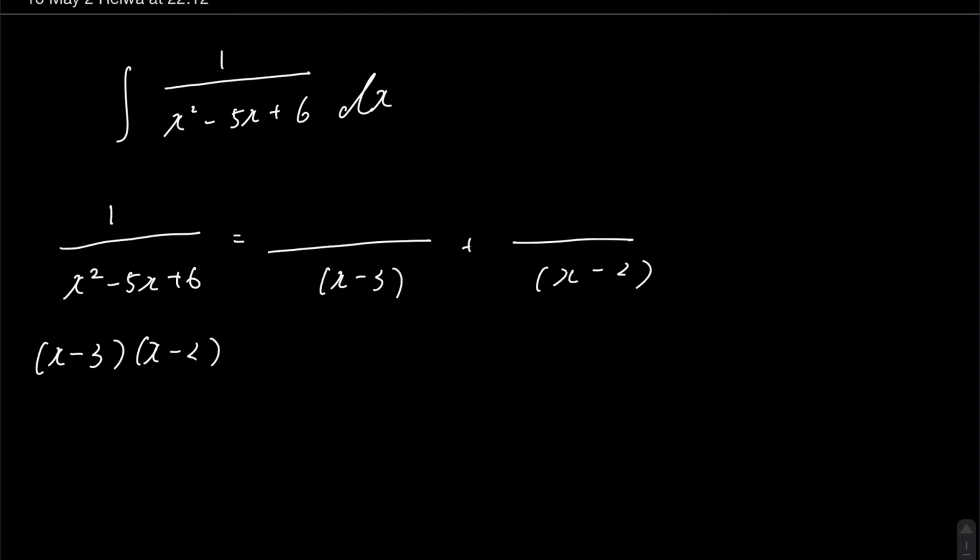So what is our numerator? Our numerator is going to be 1 degree less than your denominator. Since our denominator is degree 1, it should be degree 0, or just a constant. So we put a for some unknown constant, and another unknown constant will be b.